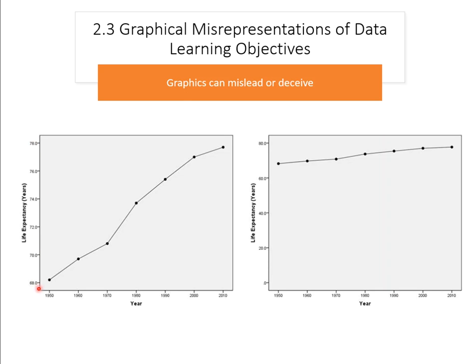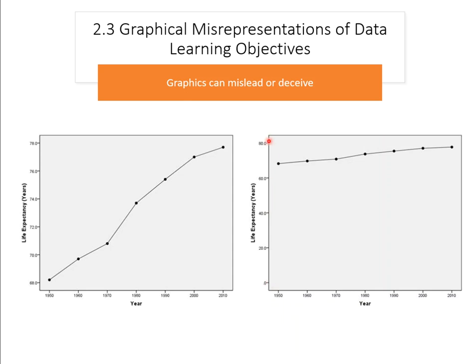Also notice that even this zoomed in version on the left-hand side doesn't start at 0. So let's turn our attention to this other graph. We are still graphing life expectancy from 1950 to 2010, but the scale on the left-hand side is now starting at 0, and it includes all of the values from 0 all the way up to 80.